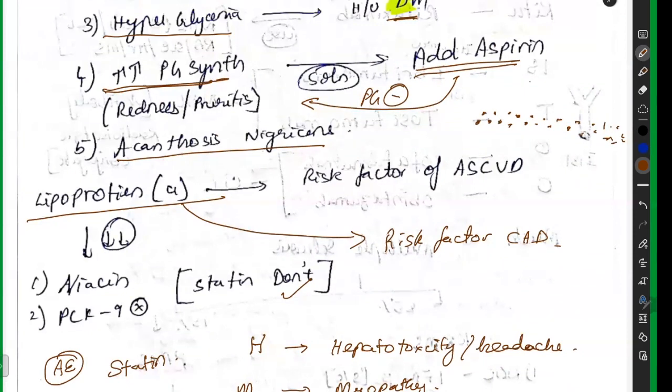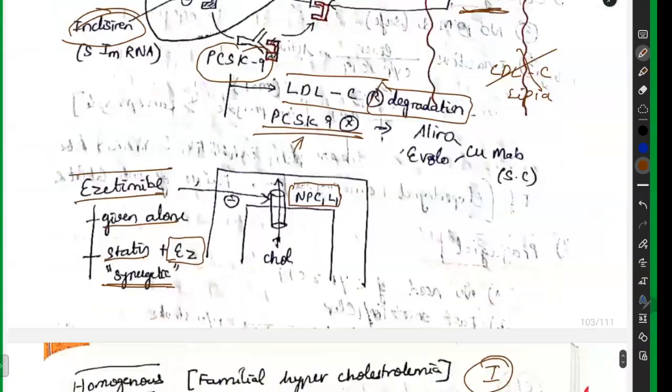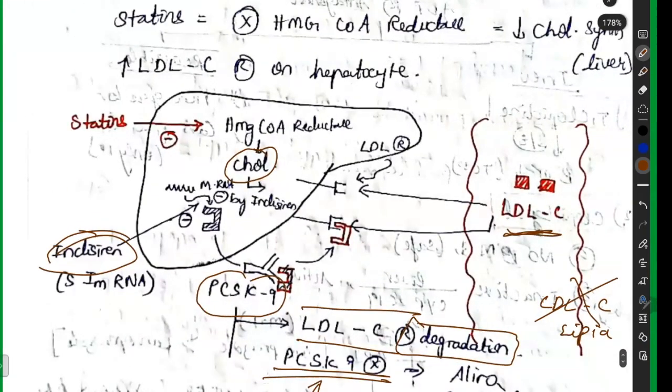What is PCSK9? I think you joined in the middle and were not there in the beginning. PCSK9 is a protein that is going to carry your LDL and deposit it in your liver. This PCSK9 is produced by your liver, and after production it is released out.